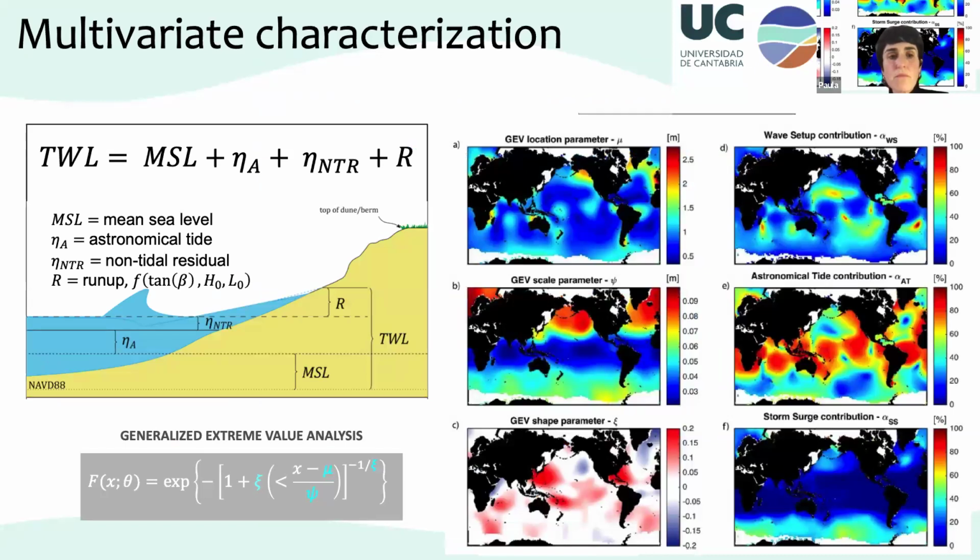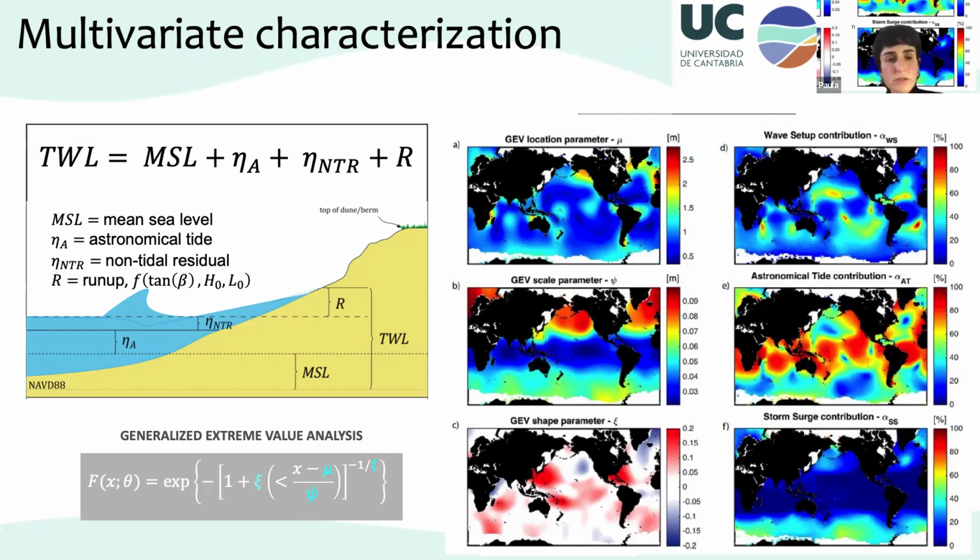Another more sophisticated application is the characterization of coastal hazards. Again, it has an animation and we cannot see all the information, but because here the purpose is coastal flood hazards, we use total water level as a proxy.